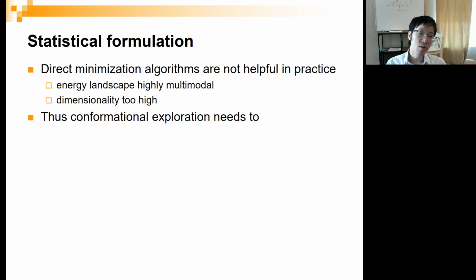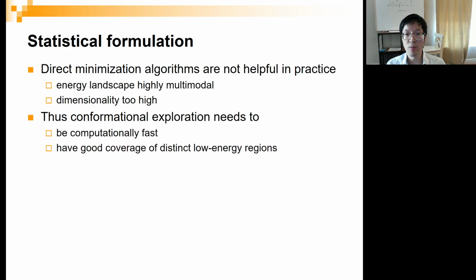So therefore, sampling methods that are designed to explore the conformational space, we want them to be efficient so that we can do a lot of these explorations efficiently in computational speed. And we also want to have good coverage of different low energy regions. This is because it's very hard to narrow down specifically to one particular prediction.